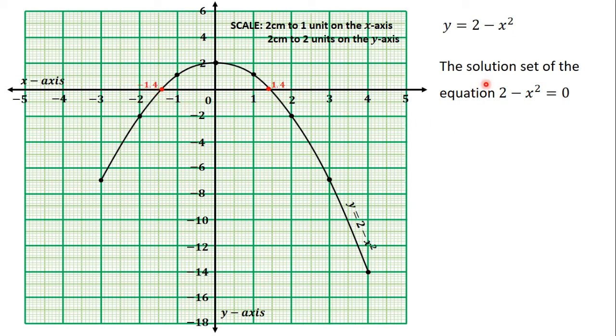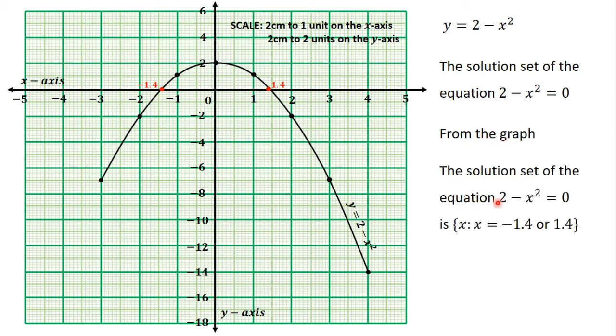But the question said we should find the solution set. So we will write our answer as a truth set. So from the graph, the solution set of the equation 2 minus x squared is equal to 0 is x is such that x is equal to minus 1.4 or 1.4.